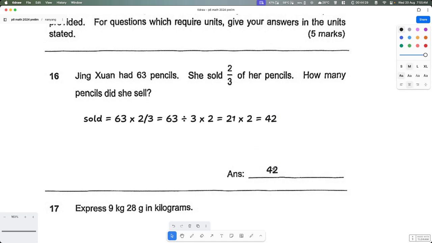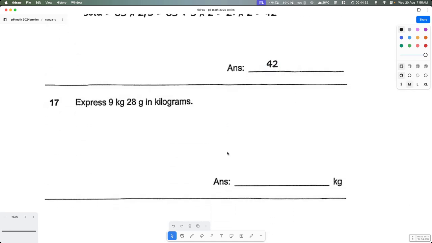Okay, pretty straightforward. Let's move on to next question. Question 17. Express 9 kg 28 grams in kilograms, right? So 1000 grams is equal to 1 kilogram. So 1 gram is equal to 1 divided by 1000.